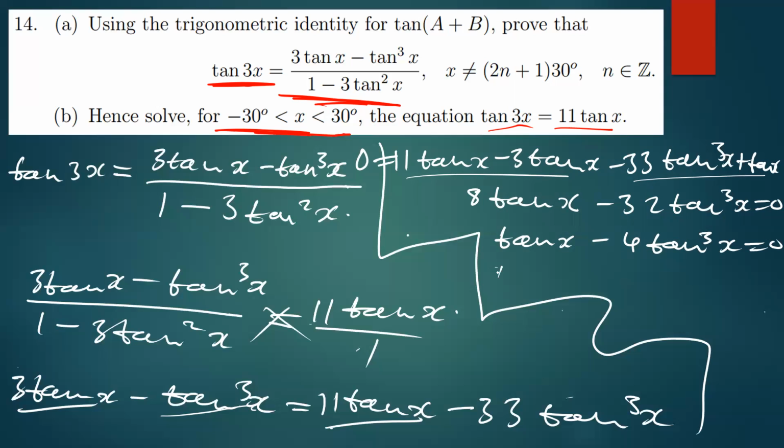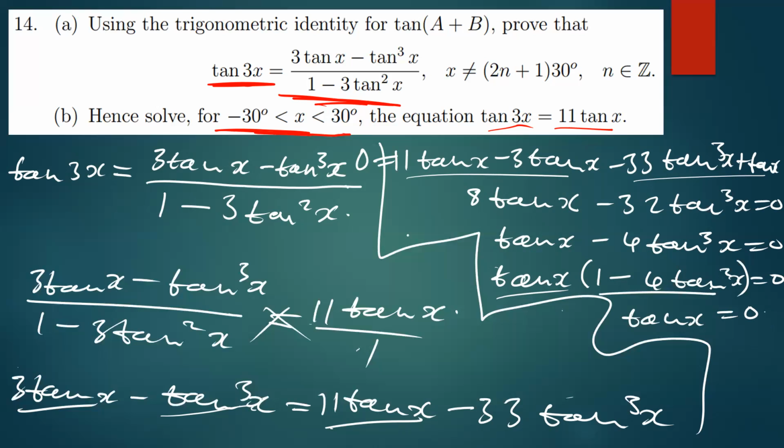Then we can factorize tan x, and we're going to remain with 1 minus 4 tan squared x is equal to 0. So from there, we can equate tan x to 0. So tan x is either equal to 0 or 1 minus 4 tan squared x is equal to 0. So this is what we're going to have here.